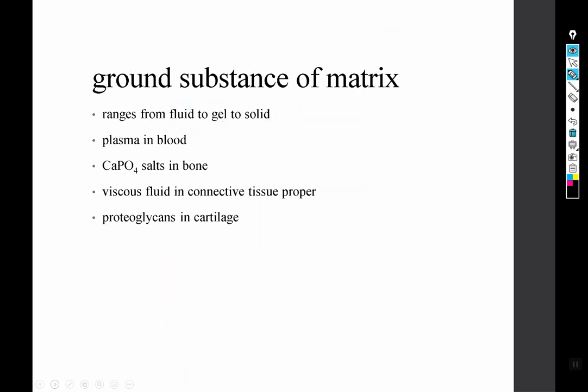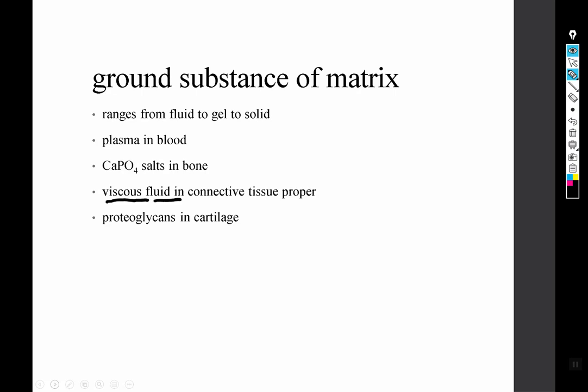So another example would be plasma in blood. That's not a gel, that's a liquid, but it does important jobs. The calcium phosphate salts in bone, which are actually called hydroxyapatite, are crystals that give your bone its rigidity. We've also got viscous, sort of goopy fluid in connective tissue proper.